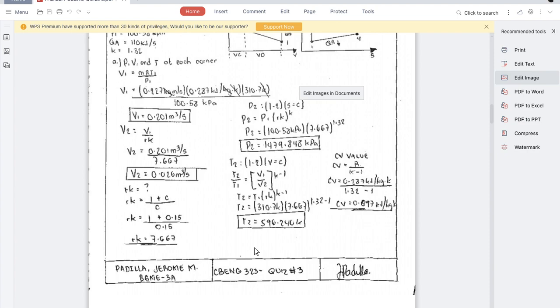And we solve for the rk. The formula for rk is 1 plus c over c, or 1 plus 0.15 over 0.15. The final answer for rk is 7.667.